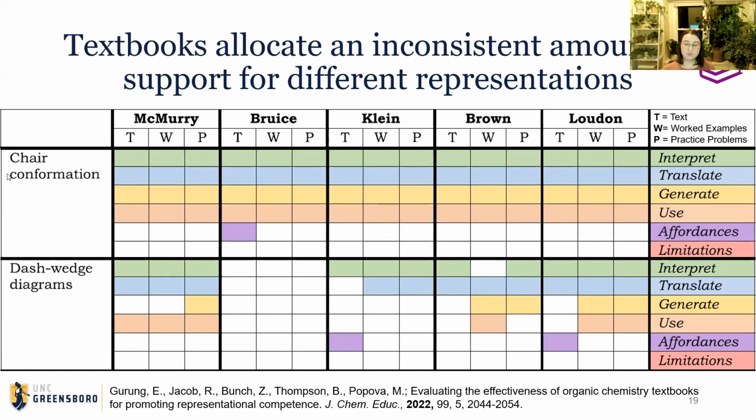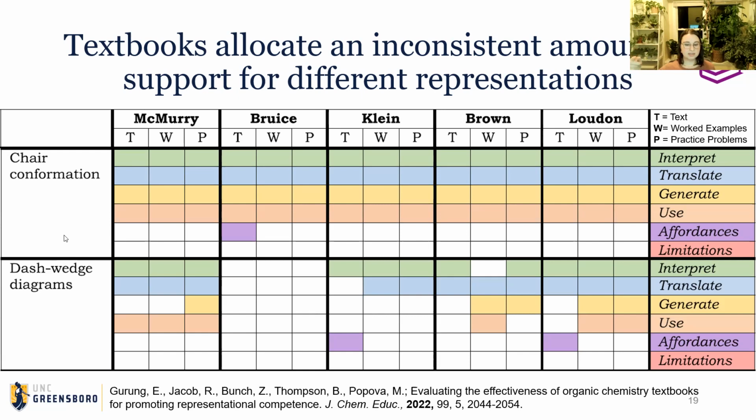And chair conformations, we don't use them to the same extent as dash-wedge diagrams. And somehow for this representation that is potentially way more useful, there's way less support for developing these skills in the context of this representation. Now, this analysis focuses more on individual representations.